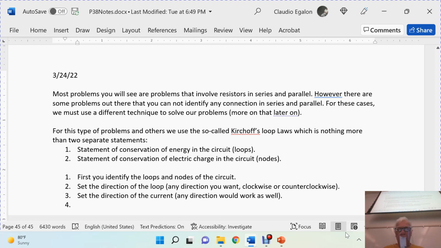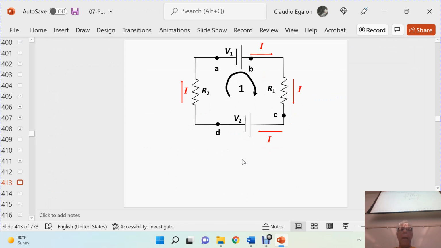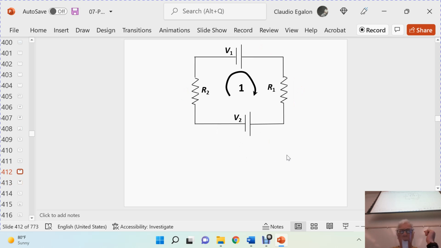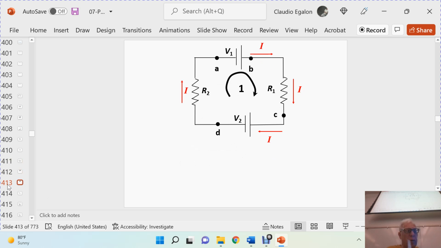So going back to our simple problem, I set the direction of the loop as being clockwise. It doesn't matter if I did that counterclockwise, the problem still would work. I'm going to set the direction here, and do another step to make it simpler for you all. Then we identify some points along the circuit, and we label those points before and after the resistor.